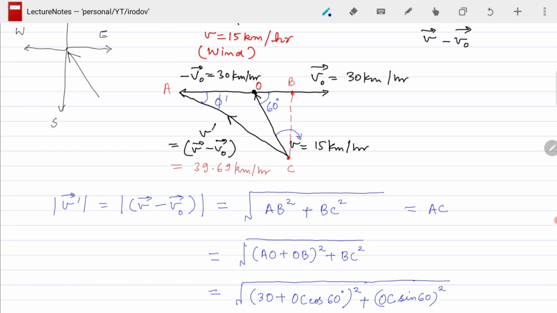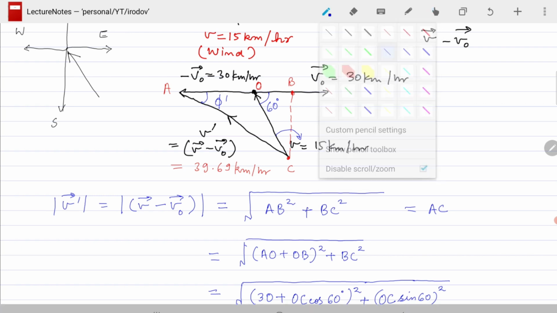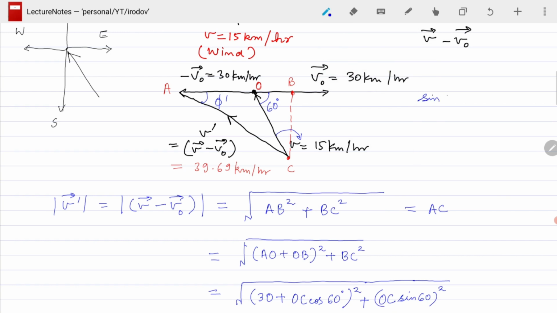Sine of phi dash would be equal to BC divided by AC. BC is nothing but 15 sine 60 degrees, and we divide it by 39.69. If we calculate this, phi dash comes out to be 19 degrees.